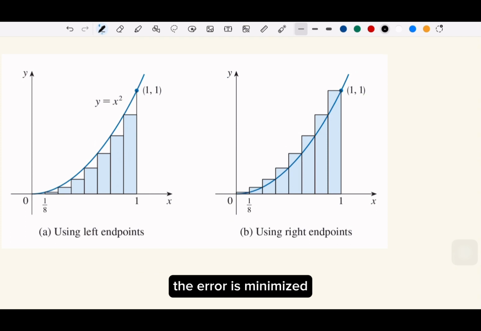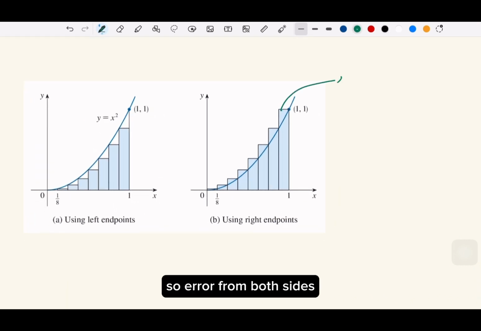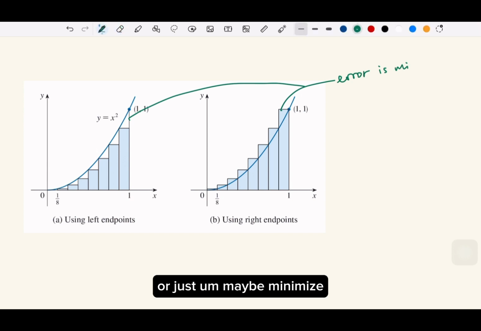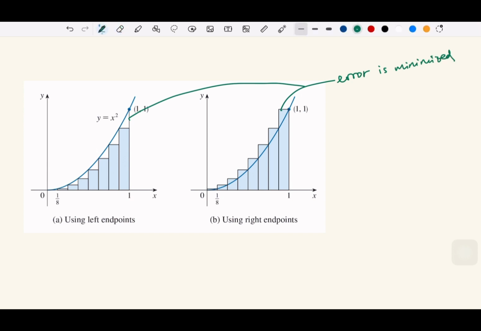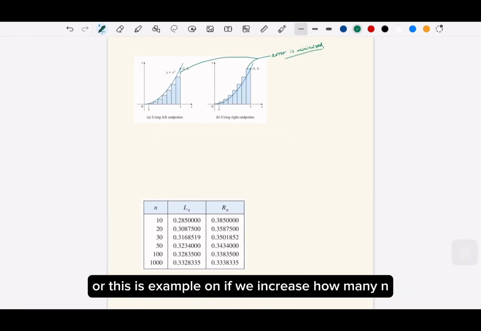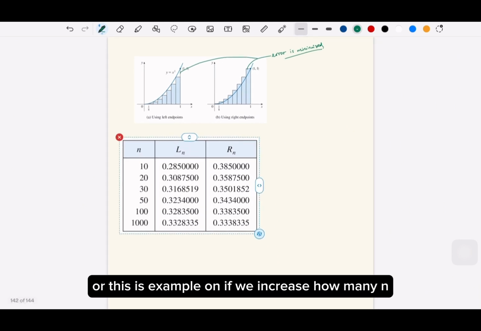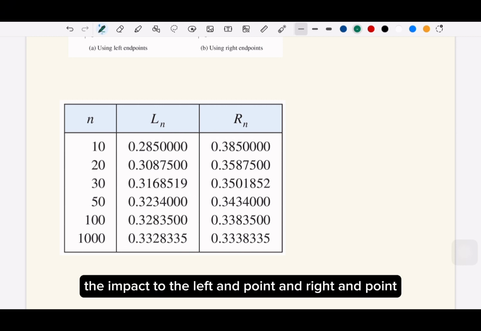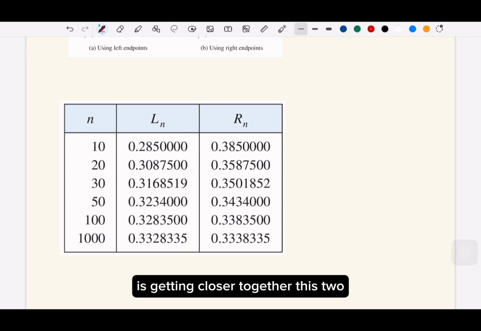The error for both sides is getting minimized. Now if we increase n more, you can see the impact: the left endpoint and right endpoint values are getting closer together.